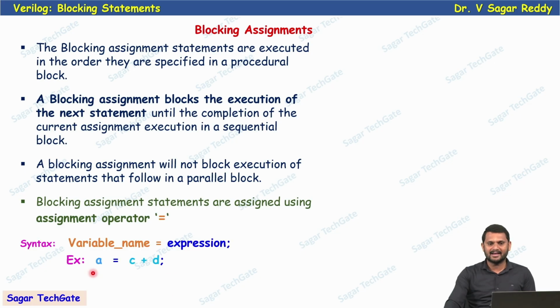Assignment means it evaluates the expression and assigns to variable A. It reads the C and D values, performs the addition, and assigns to the variable A. After that only, it goes to the next statement.